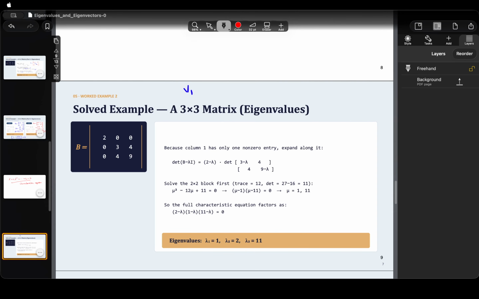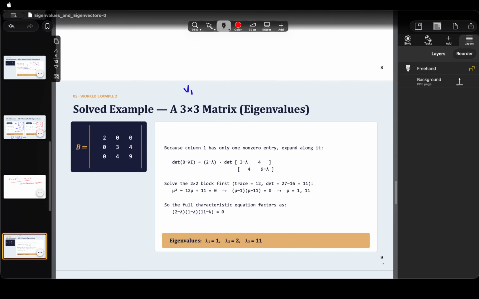So we can write a characteristic polynomial to be equal to this. If you notice for this matrix, because column 1 has only one non-zero entry, we can expand it along that column.